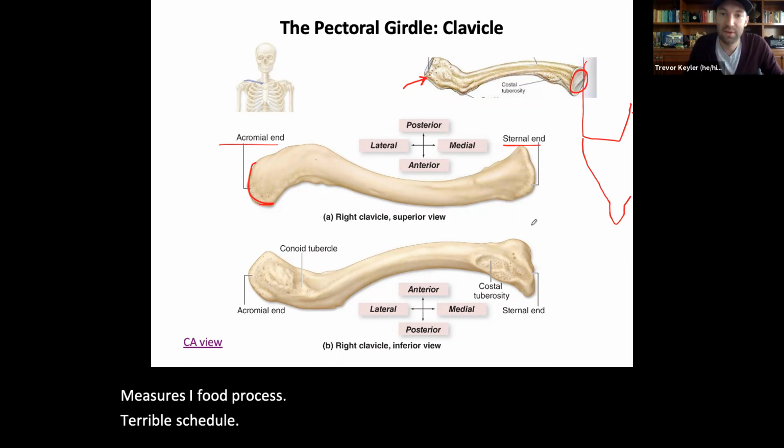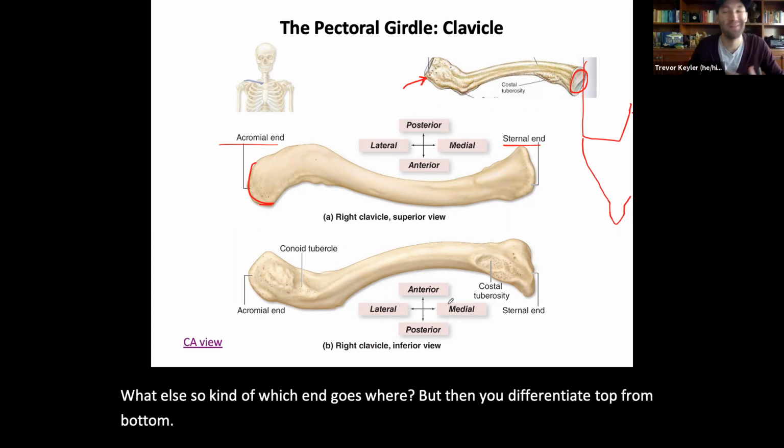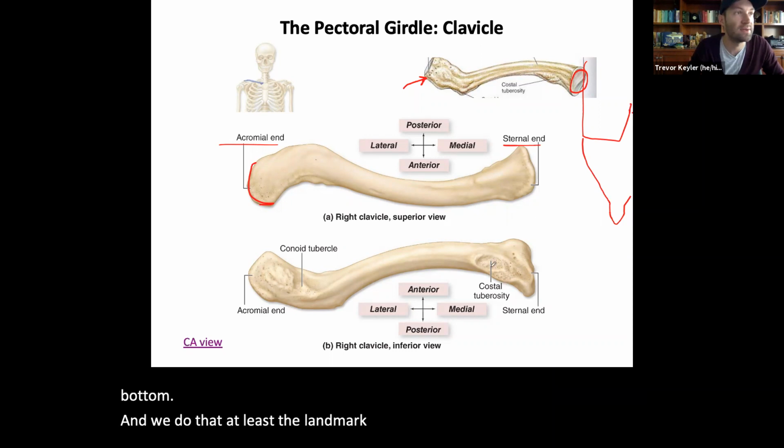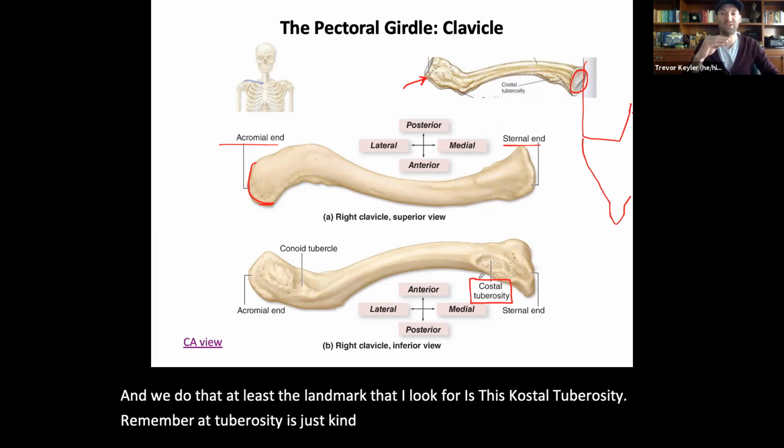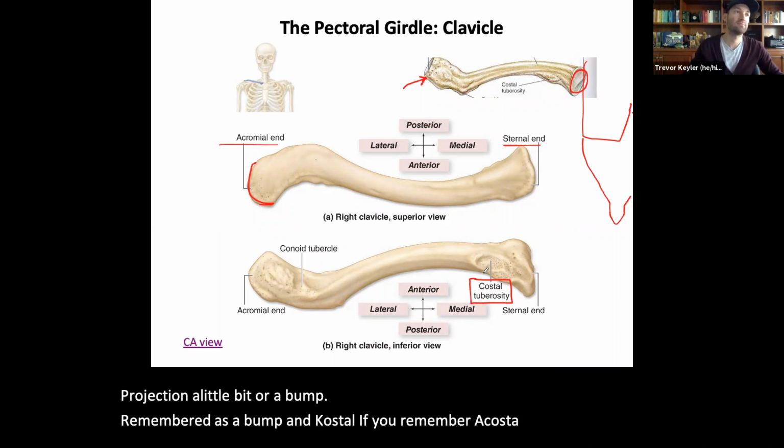What else? Now you know which end goes where, but then you need to differentiate top from bottom. The landmark that I look for is this costal tuberosity. Remember, a tuberosity is just a projection, or a bump. And costal, if you remember, a costa is a rib.